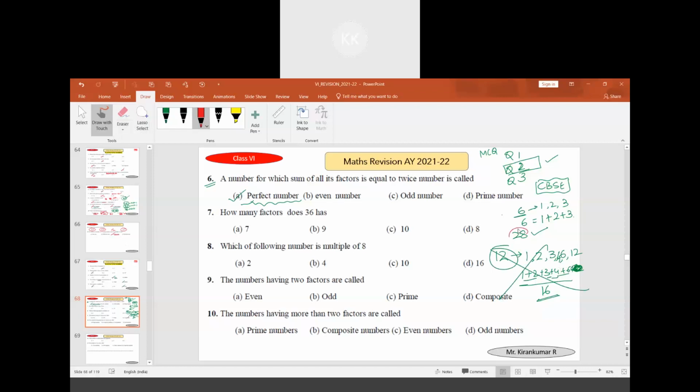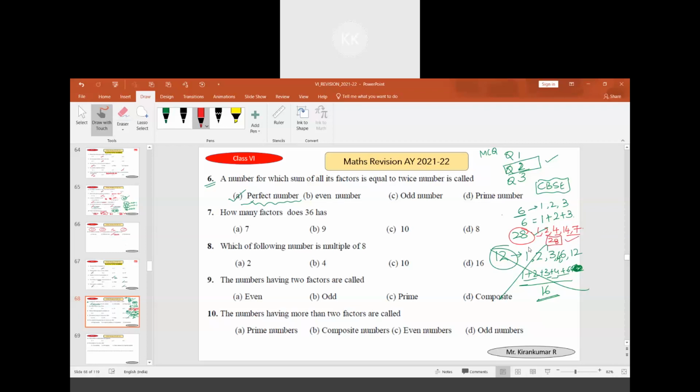28 is a perfect number. The reason is it is divisible by 1, 2, 4, 14, and also by 7. Add them: 7 plus 14 is 21, plus 4 is 25, plus 2 is 27, plus 1 is 28. The sum will be 28.